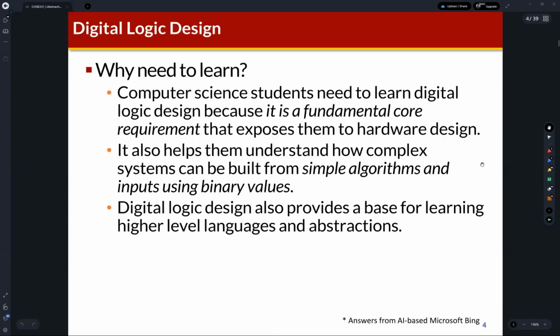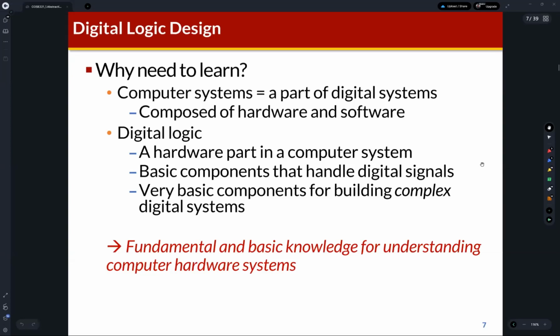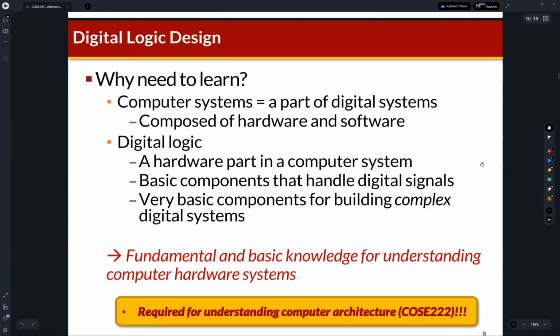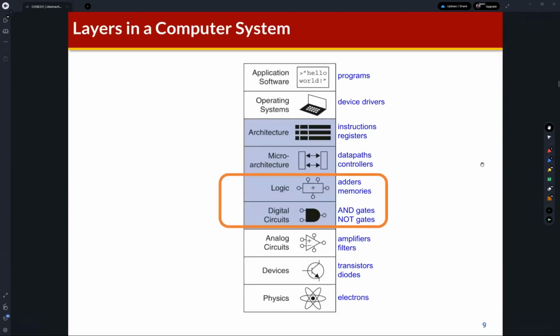In this class, we will learn about the basic concepts in computer systems and the basic concepts in digital system design. In the previous class, I showed this figure, which shows the many layers in computer systems.